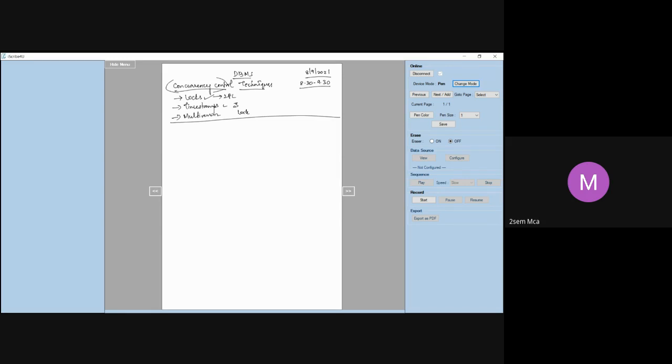Then yesterday's class, we went into recovery techniques. Here again, I had put down what all we are going to learn under this. And of course, we started with some recovery outline and different algorithms.